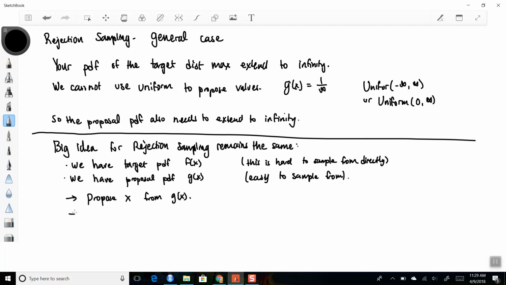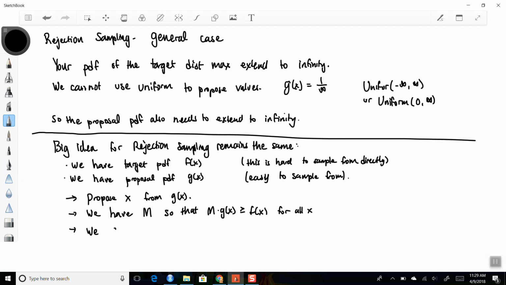Okay, and again, we have some value m so that m times g of x is greater than or equal to f of x for all x.